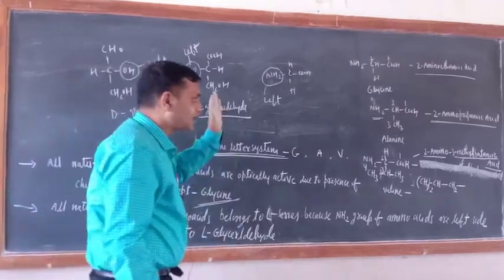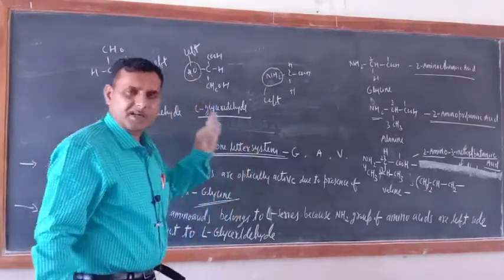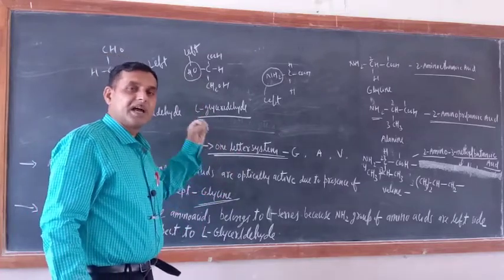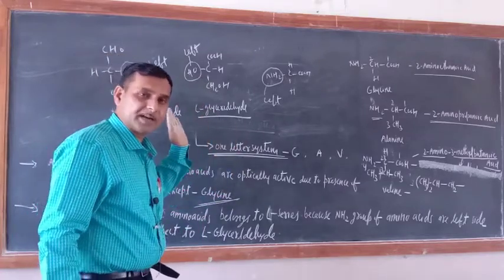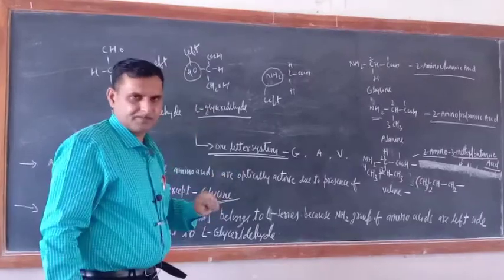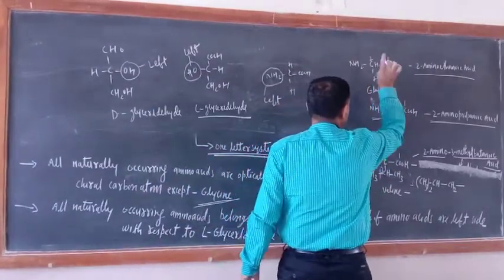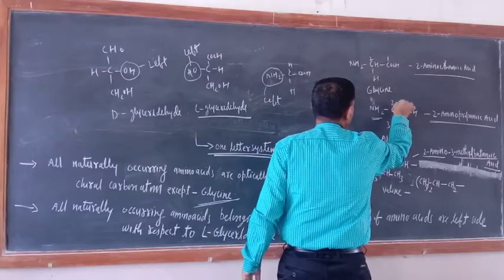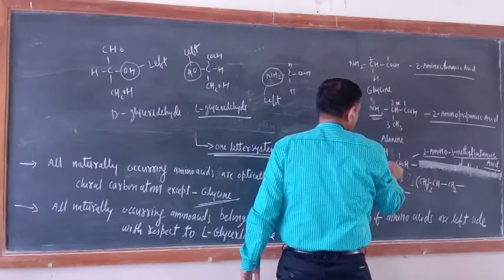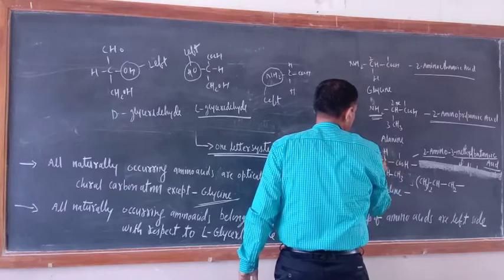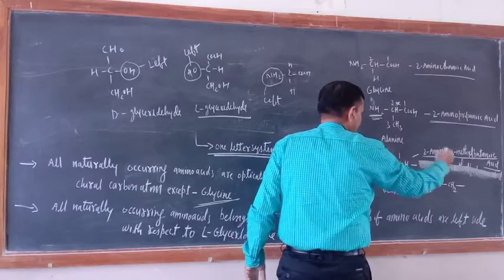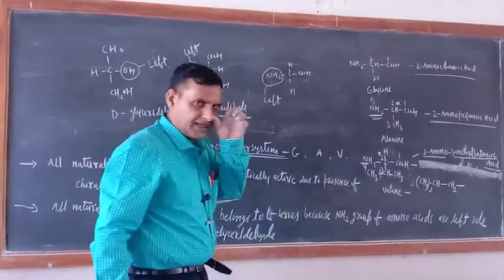So you should also be careful while writing the chemical formula of an amino acid. The NH2 group should be on the left hand side of the chiral carbon atom. Just see, this is the chiral carbon atom. In glycine, a chiral carbon atom is not there. Here NH2 is on the left hand side, here also, everywhere NH2 is on the left hand side.